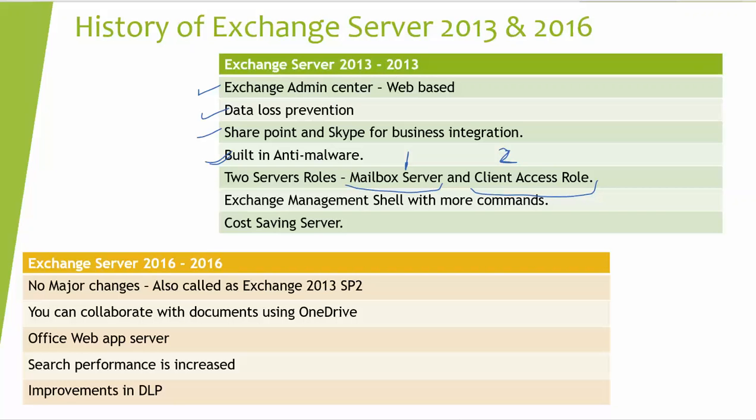This handles the client connections to mailboxes. So the client access role is just handling connections to the mailboxes, with clients connecting through their Outlook. So that's one of the good things with that.